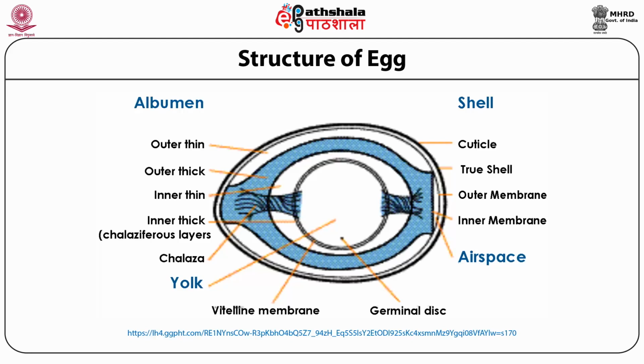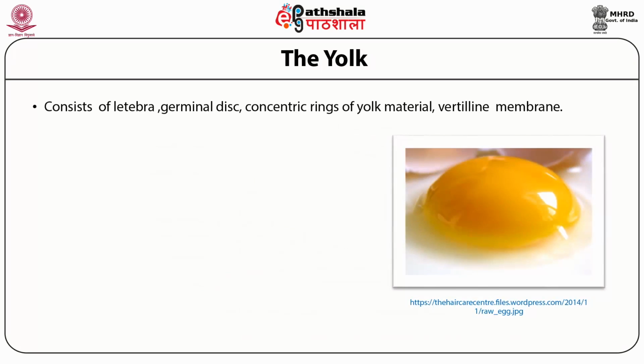Going further into the egg yolk, there is a germinal disc. The yolk consists of the latebra, germinal disc, concentric rings of the yolk material, and vitelline membrane, which is a colorless membrane that surrounds and contains the yolk.